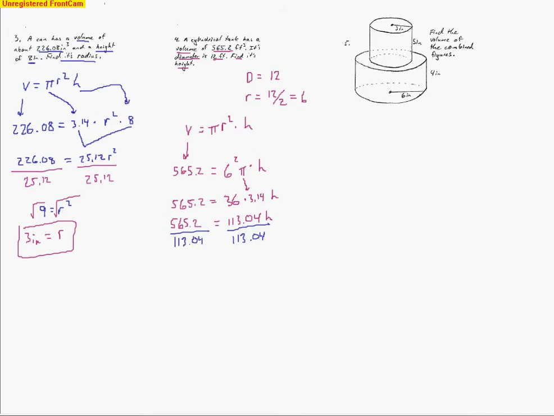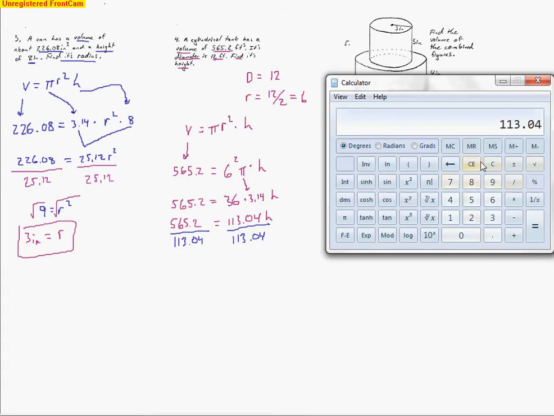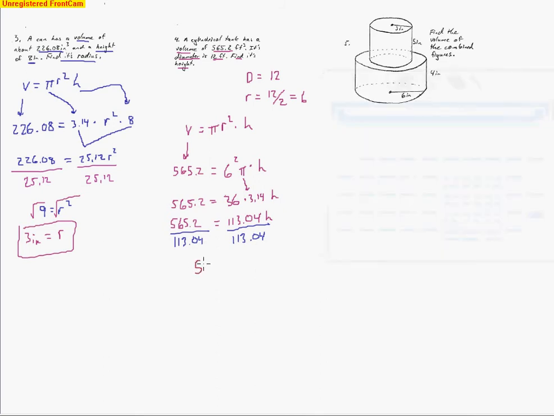Now we're ready to do that division. So let's go ahead and set that up. Clear that, and we've got 565.2 divided by 113.04, and this all equals 5. So there's the height, 5, and then whatever our units are, in this case 5 feet. So I'll put in feet right there.